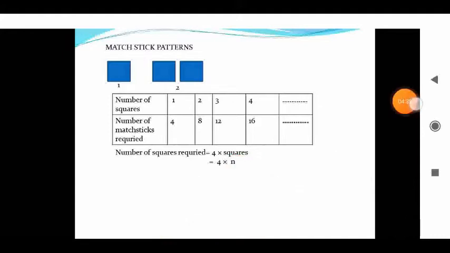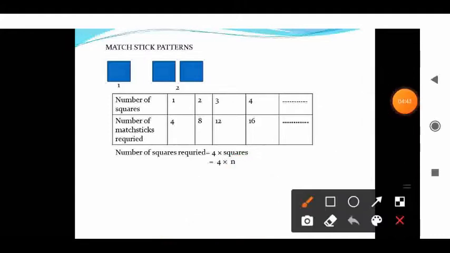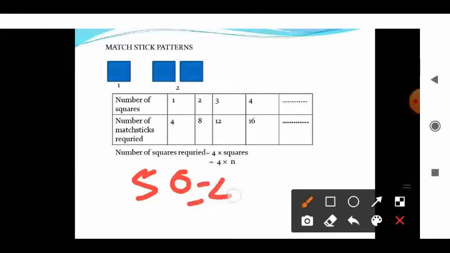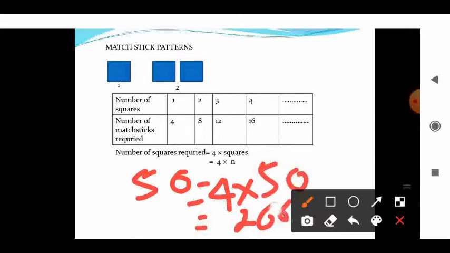Like that, you need to find for 50 squares. How many matchsticks will it be? Counting is a lengthy process. Instead, you write 4 into n, where n is the number of squares, that is 50. 4 fives are 20, so 200 matchsticks.